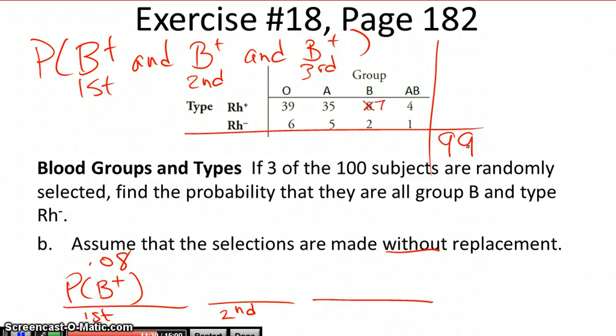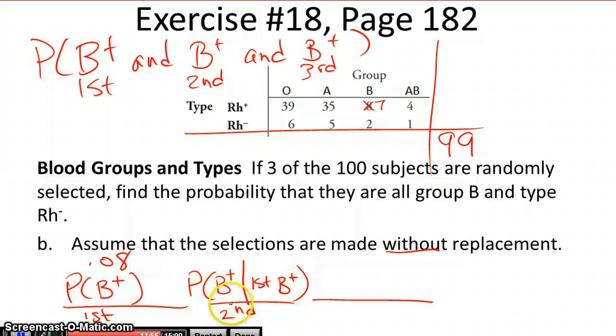Therefore, what we've found here for the second person is what we call a conditional probability. It's the probability that we get a B positive blood person on the second try, given that the first person was B positive. Something has occurred. That's the condition. We know that. We've already got one person with B positive blood.